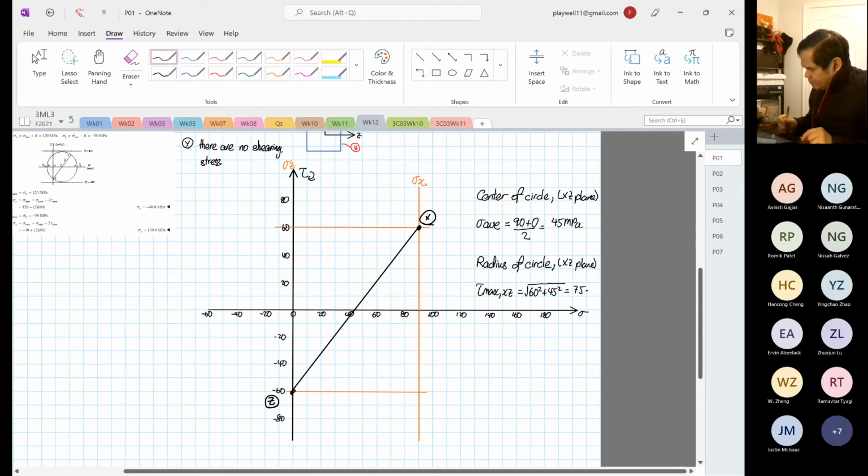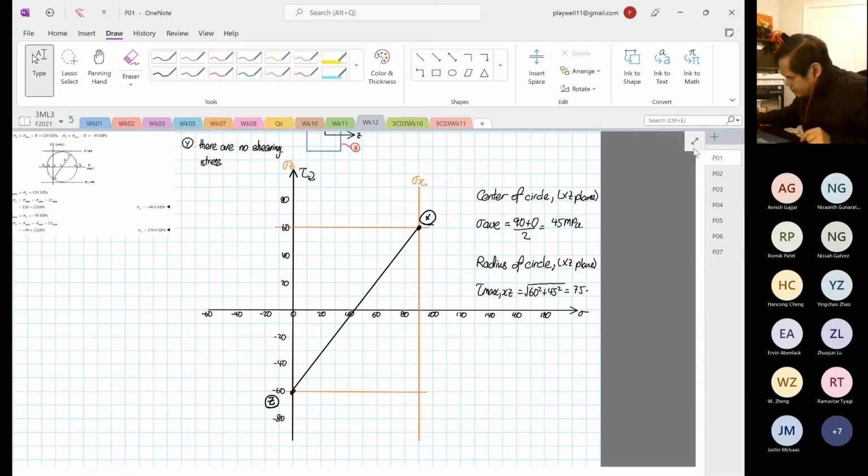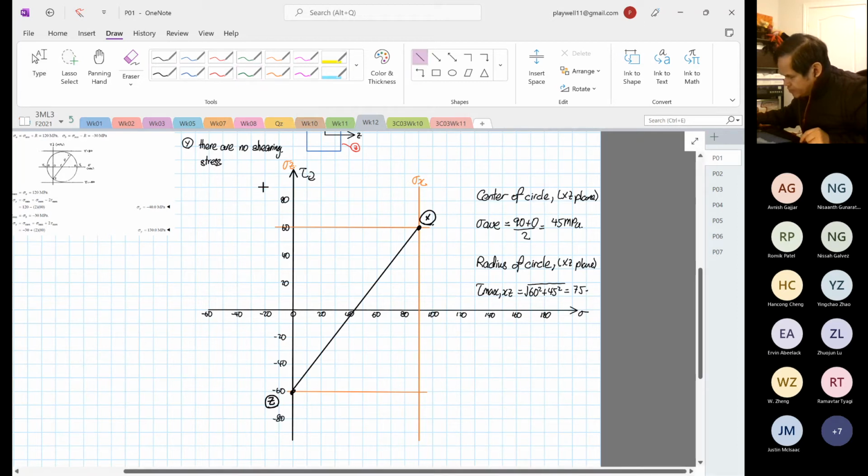Okay, so now we can construct our first Mohr circle. So we know where the average of the circle is. This is our point O. Then we can construct our first circle.